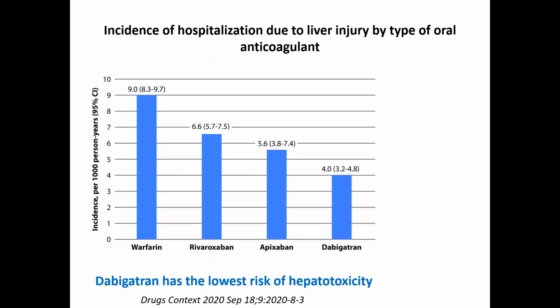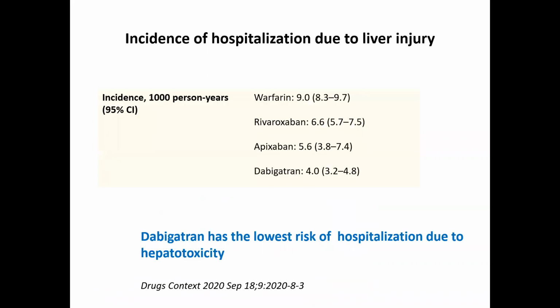So, apart from liver toxicity, let us understand what is the incidence of liver injury by different types of oral anticoagulant. This was once again reported in Drugs in Context, September 2020. And you can see clearly from the graph that risk of hepatotoxicity is minimum with dabigatran.